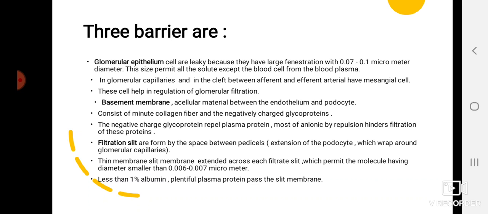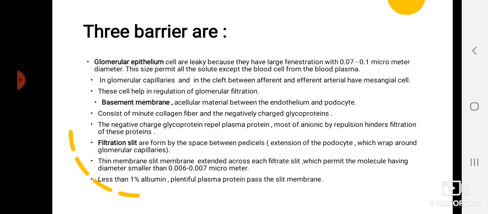With the maximum surface area, more fluid can be filtered. So these mesangial cells help in the regulation of glomerular filtration. In the reverse condition, the mesangial cells contract, and they decrease the surface area of the glomerular capillaries.